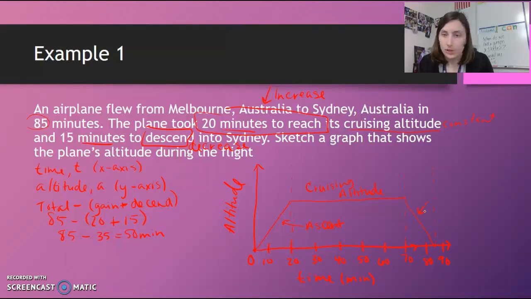And then this will be our descent, when we go down. And so we have now sketched a graph that describes a plane's altitude from the flight from Melbourne, Australia to Sydney, Australia.